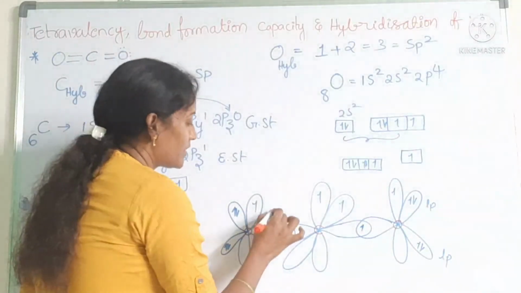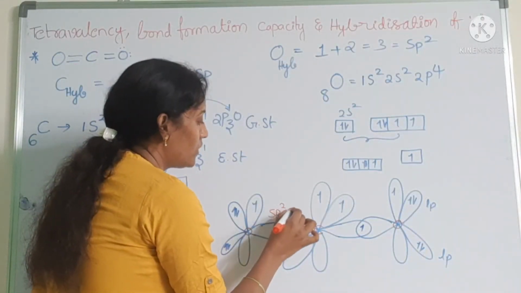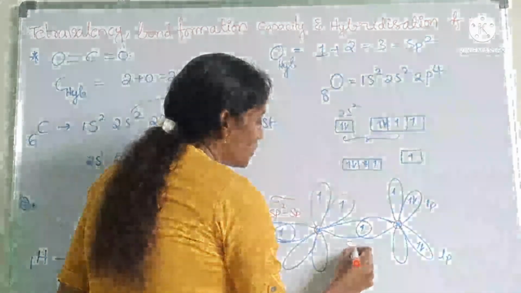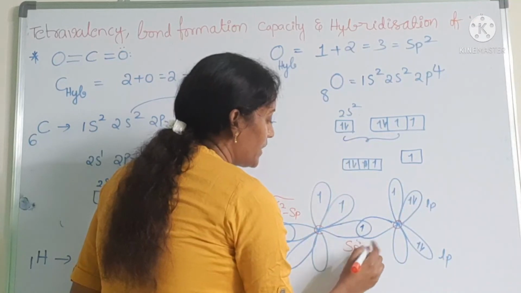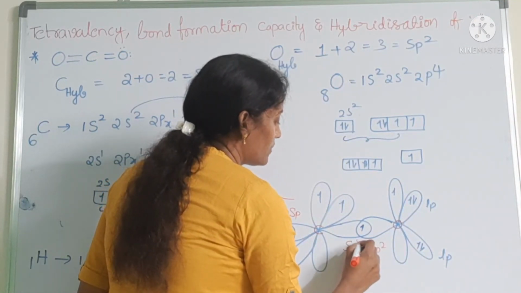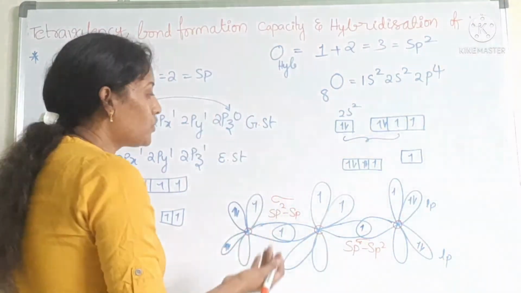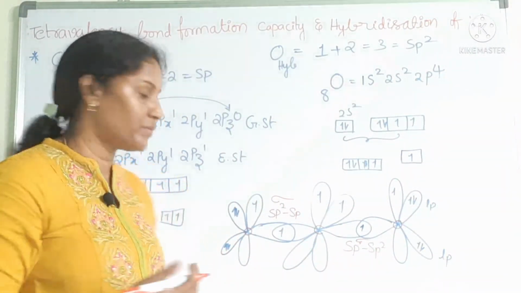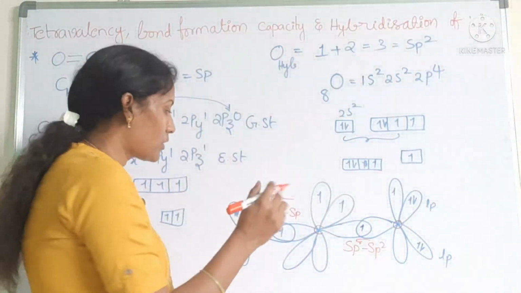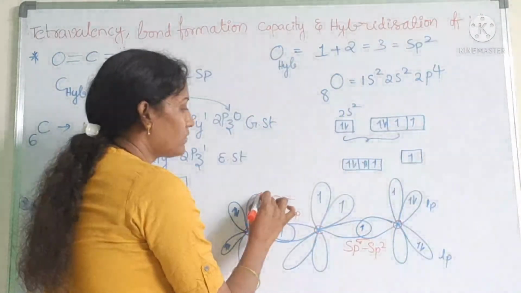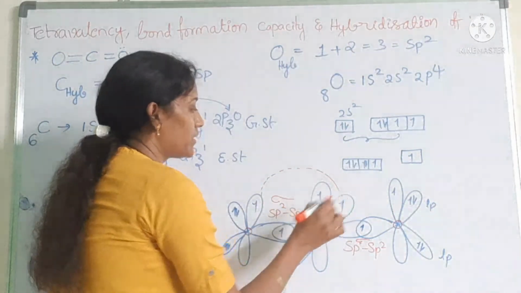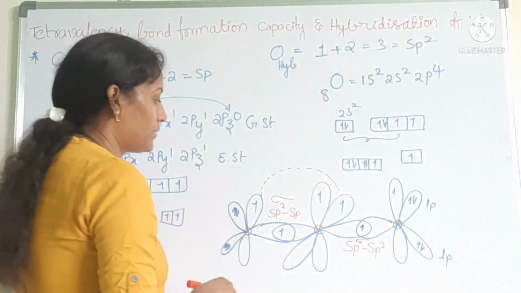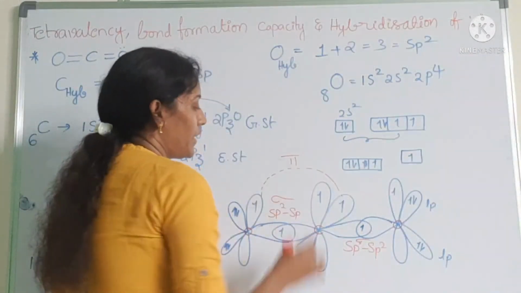See here, this is the sp2-sp sigma bond. Okay, and this is also an sp2-sp sigma bond. Okay, coming to the unhybridized p orbitals in oxygen and carbon. The one unhybridized p orbital in oxygen is involved in bond formation with another unhybridized p orbital present in the carbon. It forms one pi bond.